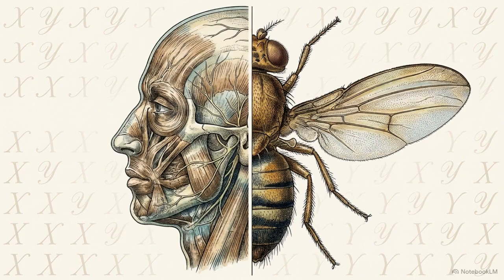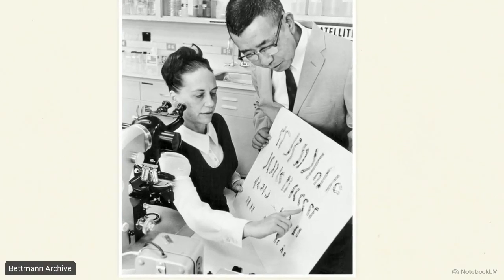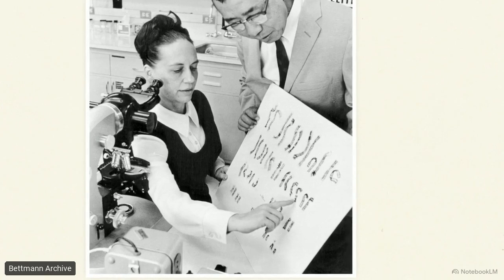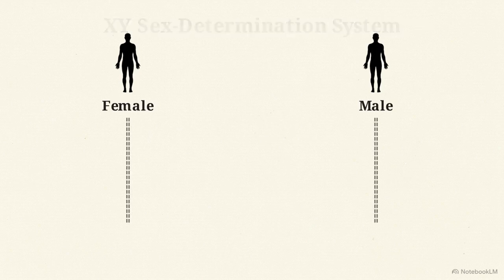The second quadrant covers the XY system used by mammals and fruit flies. In this system, researchers identify the sex-determining pair by mapping the total chromosomal count. Unlike the XO model, human males and females share the same total number of chromosomes, with 22 identical pairs of autosomes. The variation exists in the sex chromosomes.